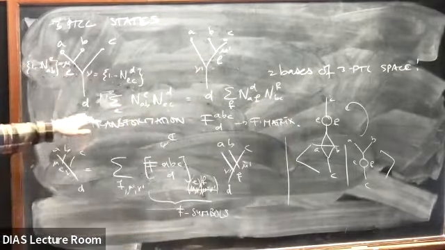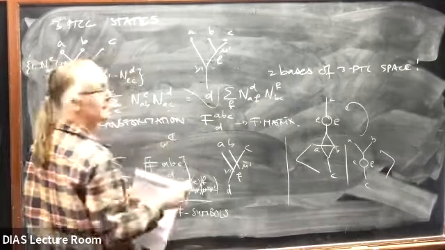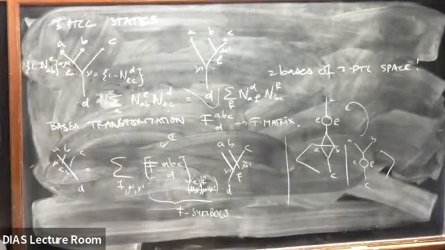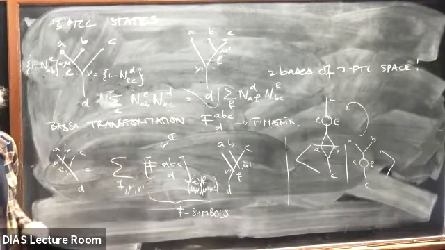But that's exactly the equation we had before. So it follows immediately from here, but now we have more because we can actually write the actual states in this way.